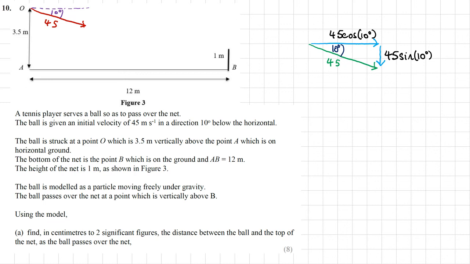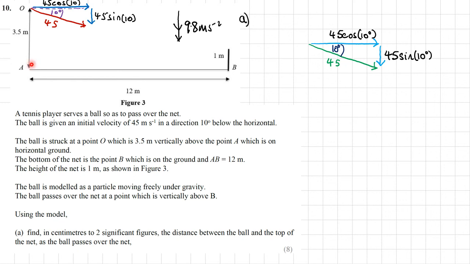So I have a horizontal and vertical component to my velocity, one here and one here. Horizontally, we're going to have 45 cos 10, and vertically we'll have 45 sin 10. It moves freely under gravity, so I'll have my gravity going down here, 9.8 meters per second squared.